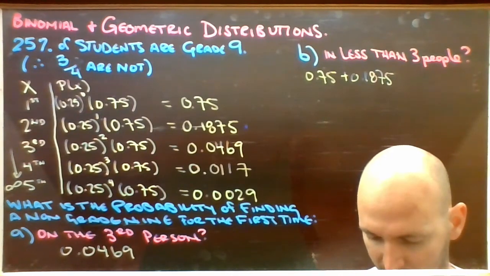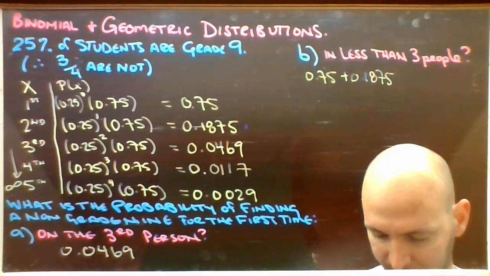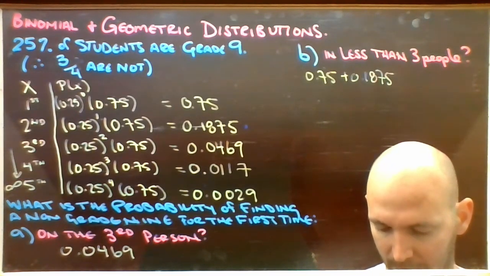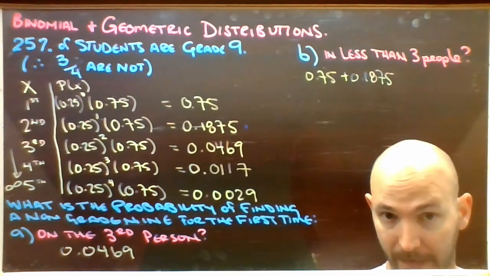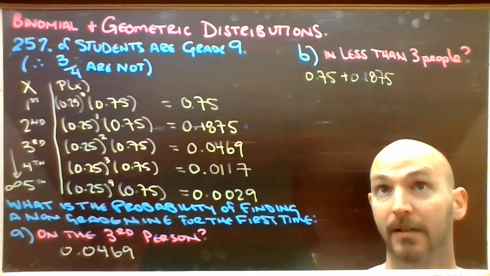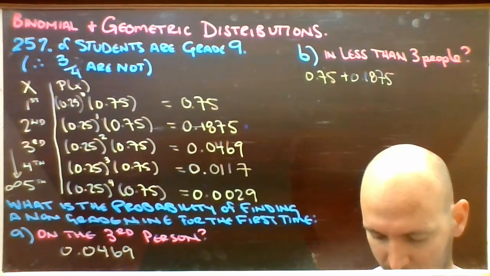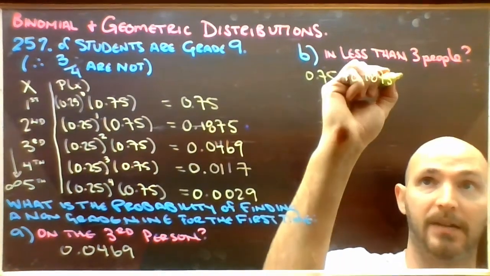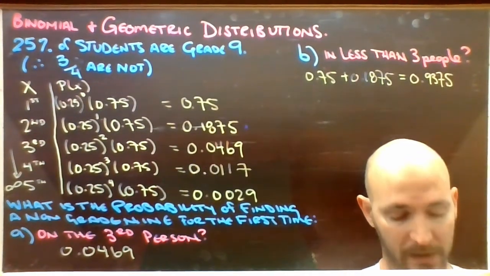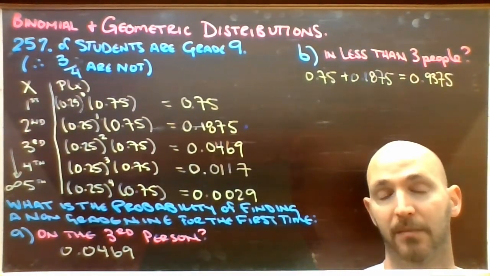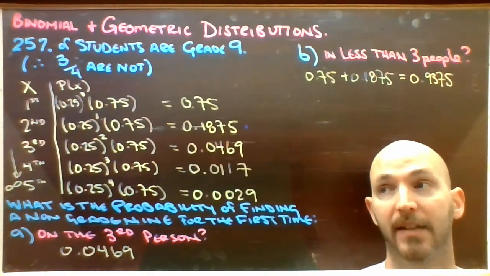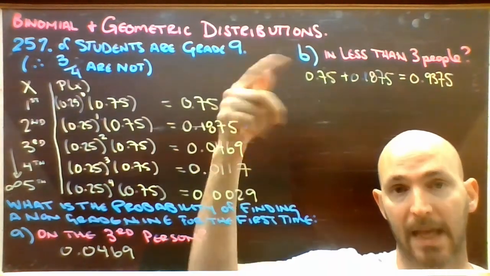And if I add those together, it's not 0.75 times, no, plus 0.1875, which is 0.9375. So if you walk into the cafeteria and you start asking people at random to find someone who is not in grade 9, you have a 93.75% chance of finding someone who is not a grade 9 in less than 3 people.